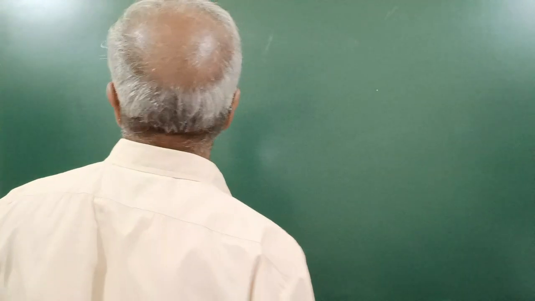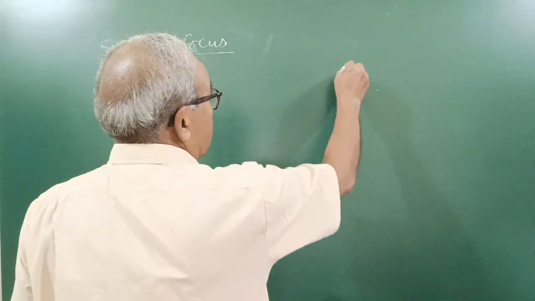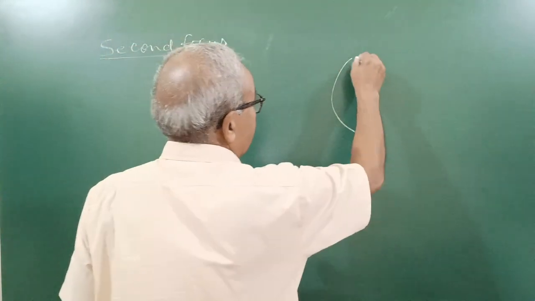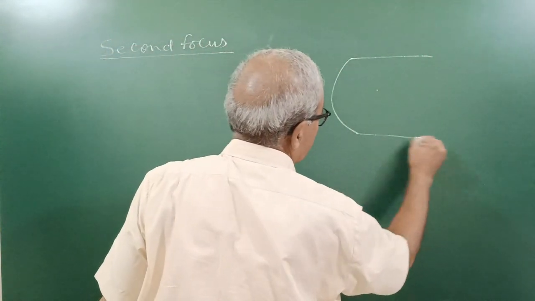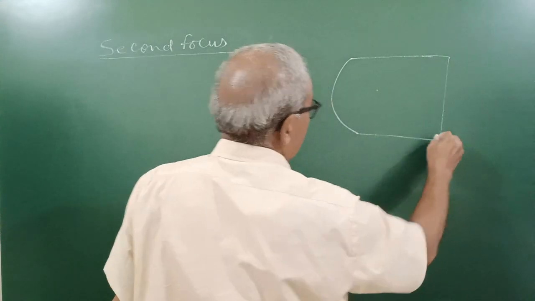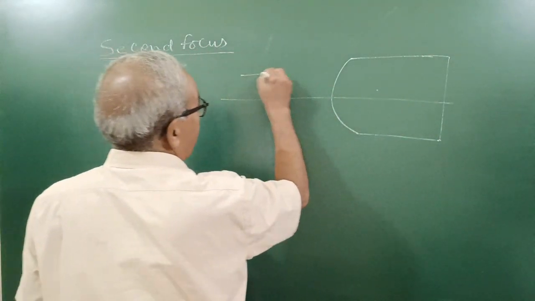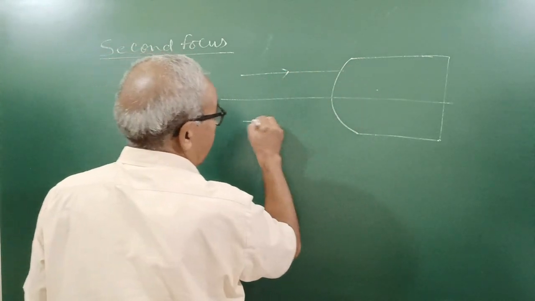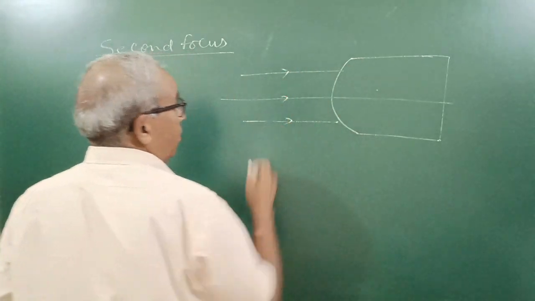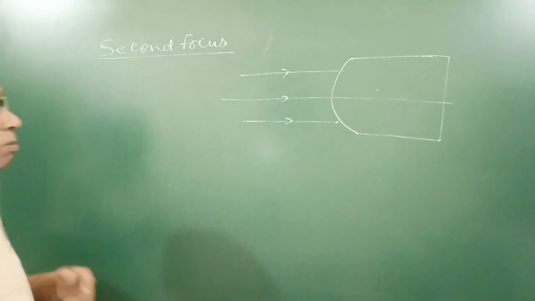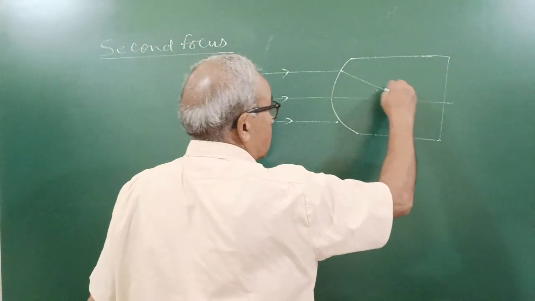Now the second focus. In case of a convex surface, again I take the first convex surface. A parallel beam of light, I told you, beams of light converging, diverging, parallel, really converge at a point.